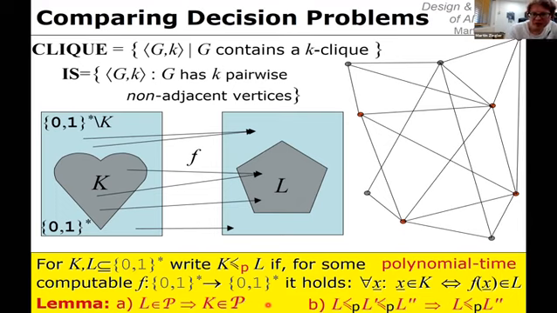Therefore, the total reduction directly from L to L double prime can be computed as the composition of the two reductions, the first from L to L prime and the second from L prime to L double prime. So the composition of polynomial time functions is again polynomial time computable, and therefore polynomial time reductions are closed under composition.